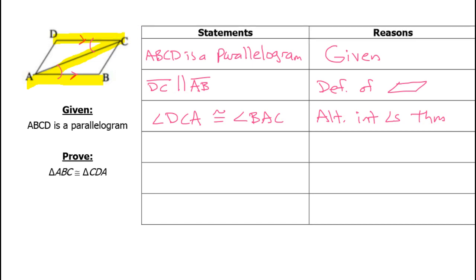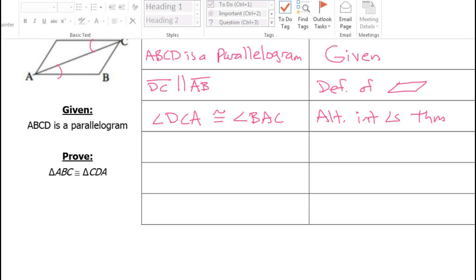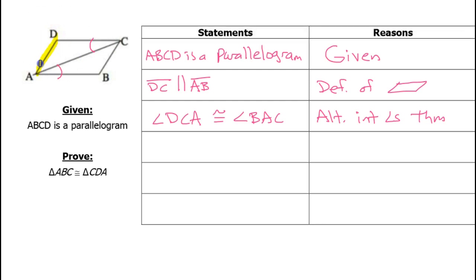Now I can do the same thing with the other pair of sides. Look at these sides. If this is a parallelogram, these will also be parallel. So I could also say that DA or AD is parallel to BC. And again, that would be the definition of parallelogram.